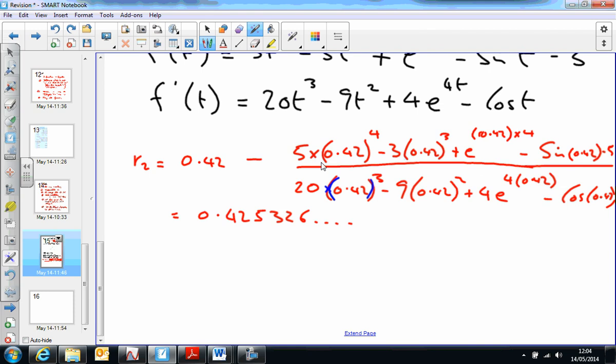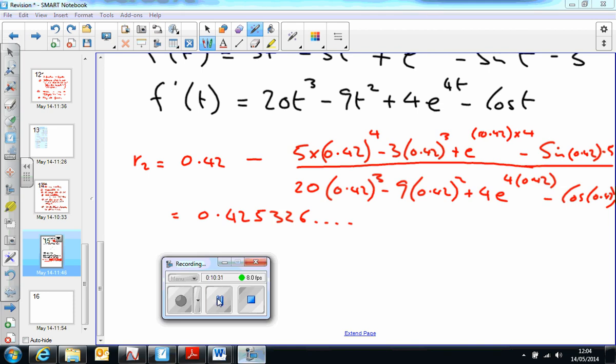And I think that's the answer you get. Now, once you've done that, assuming that's worked and you've got this answer, and if it hasn't worked, it's possibly your calculator hasn't got enough capacity to put this in one hit, in which case you have to do it in bits. But in the exam, it's not going to be such a long function as this, so you should be okay.